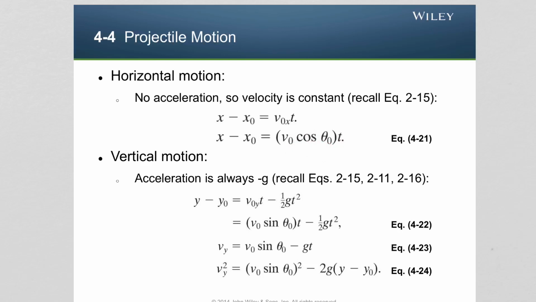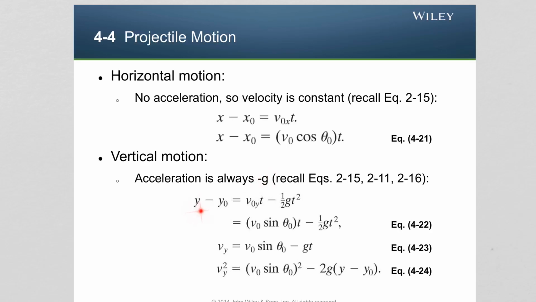The vertical part of the motion is happening with constant acceleration, and that is the acceleration due to gravity. That means that for the vertical part of the motion, I can apply the formulas that we derived for the kinematics of moving objects in the vertical direction, adjusting for the direction of the gravitational acceleration.